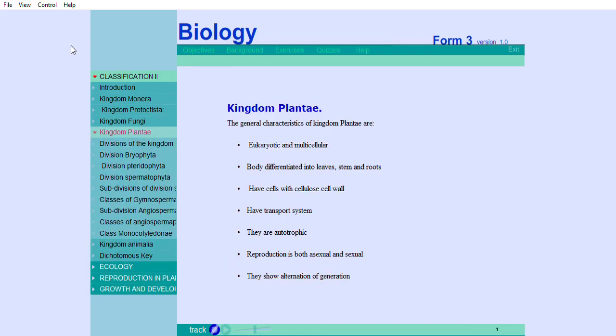Kingdom Plantae. The general characteristics of kingdom Plantae are: eukaryotic and multicellular, body differentiated into leaves, stem, and roots, cells with cellulose cell wall, have transport system, they are autotrophic, reproduction is both asexual and sexual, and they show alternation of generation.